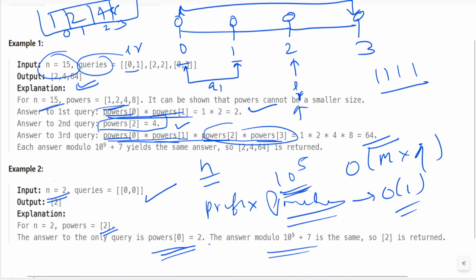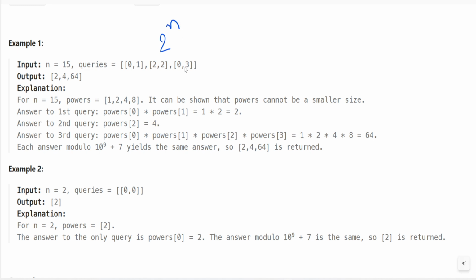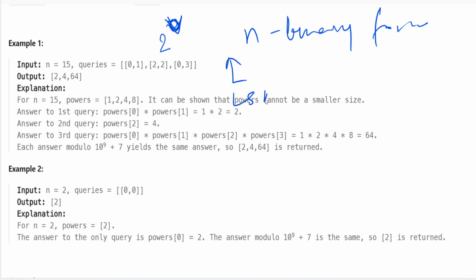So very first, in your mind, you will ask how to get the power array. Let's suppose some value n is there. To get the powers of 2 from the binary form of n, we go through each bit position starting from the least significant bit.